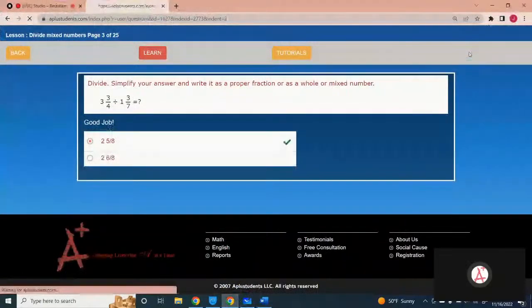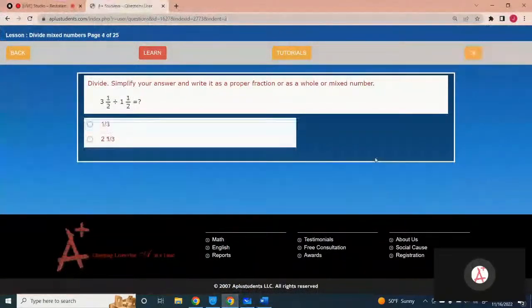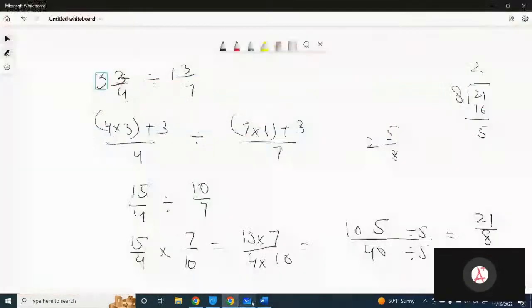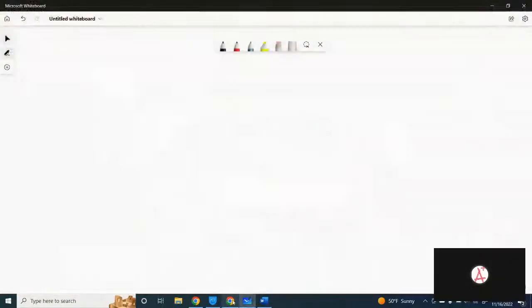Okay, the next one is 3 whole 1 over 2. Still, if you have any question you can ask. 3 whole 1 over 2 divided by 1 whole 1 over 2.